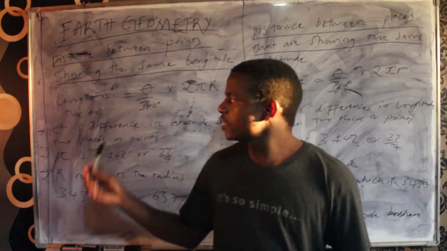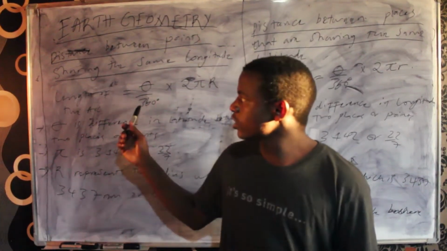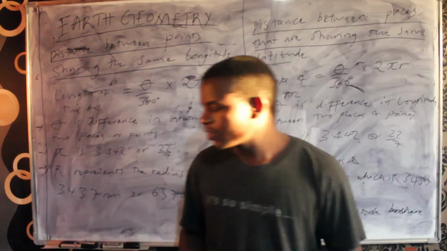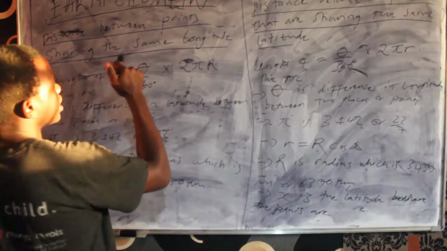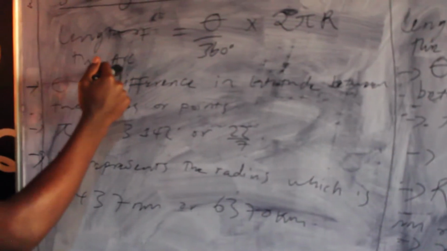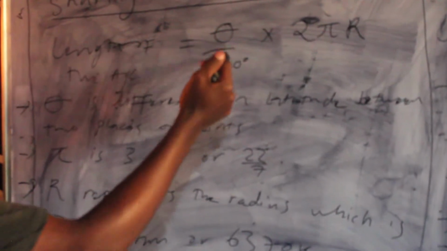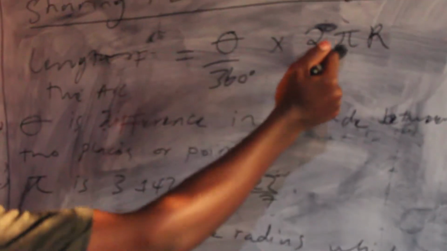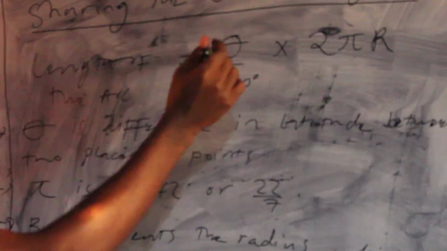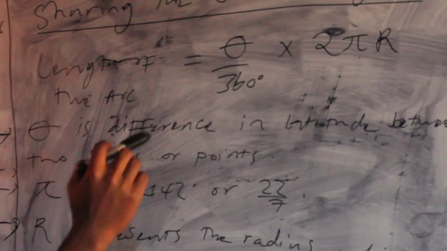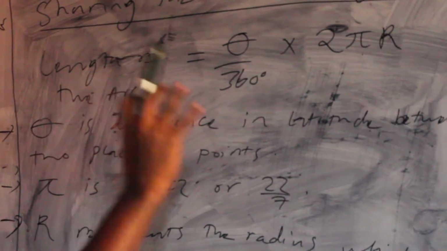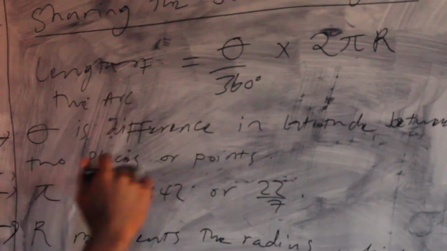I've already written the formula, so I'm going to take you through it. When calculating distance between two places that are sharing the same longitude, you say length of the arc is equal to theta over 360 multiplied by 2 pi r. Theta represents the difference in latitude between the two places.